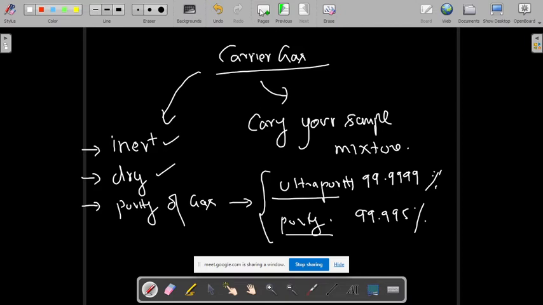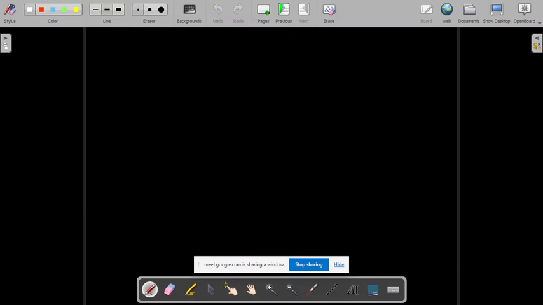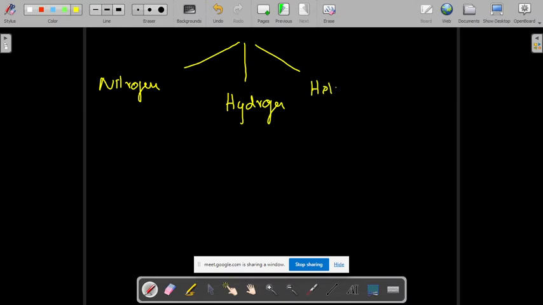Okay, so the choice of elements for gases. We have four basic choices: first is nitrogen, second is hydrogen, third is helium, fourth is argon. These are the four choices of materials for carrier gases.